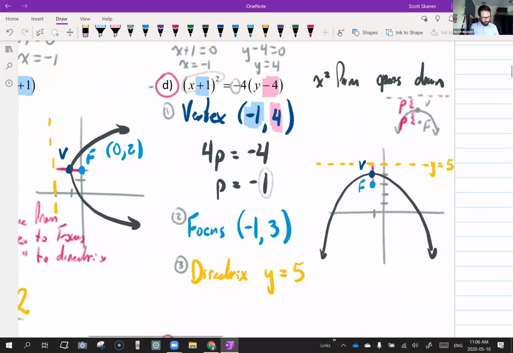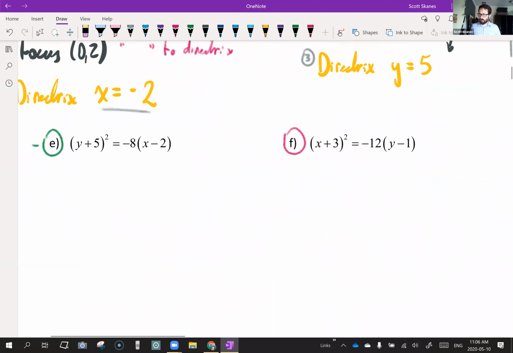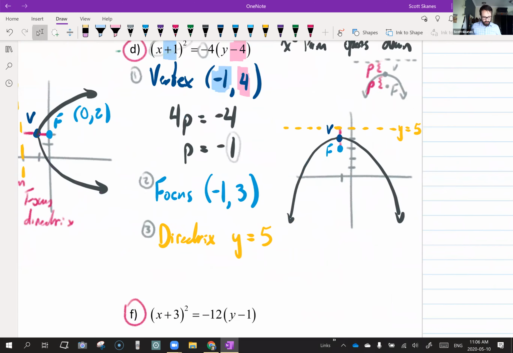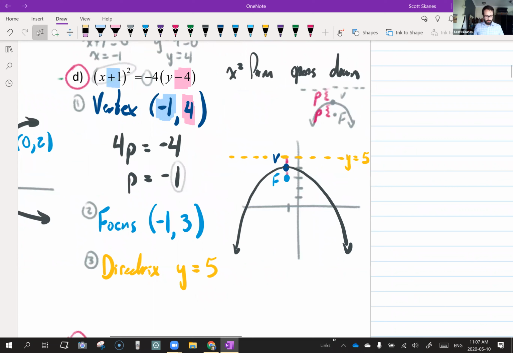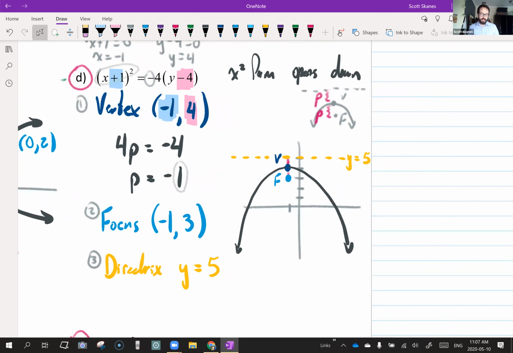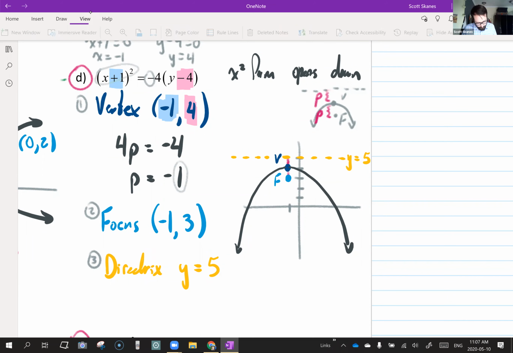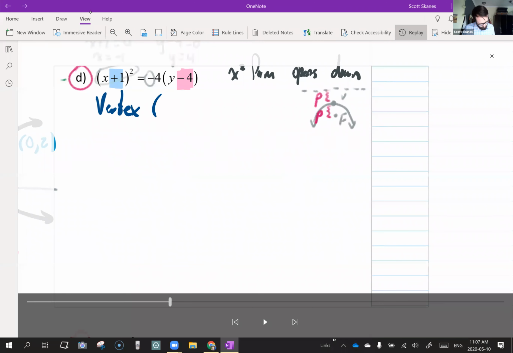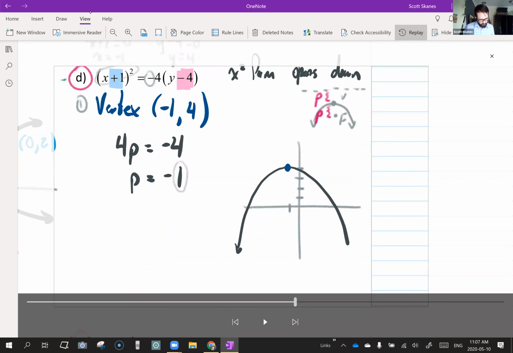So let's try the next one. Can you repeat how I got the focus? Yes, I can. Let's try to be clear here. If you have the vertex and you know the shape, let's say right now I was at this stage and I don't know what the focus is.